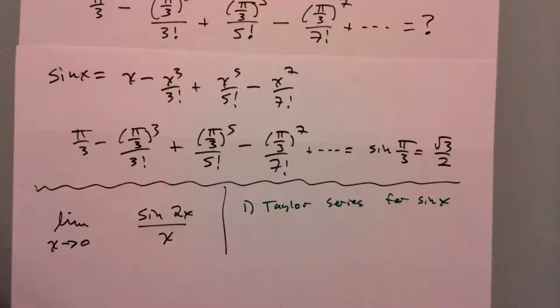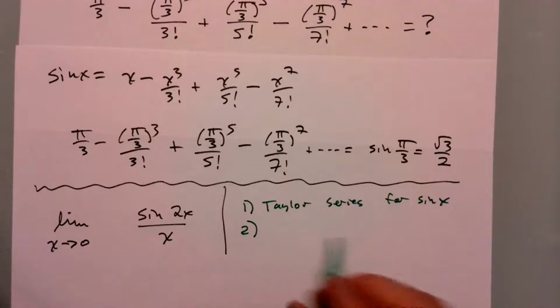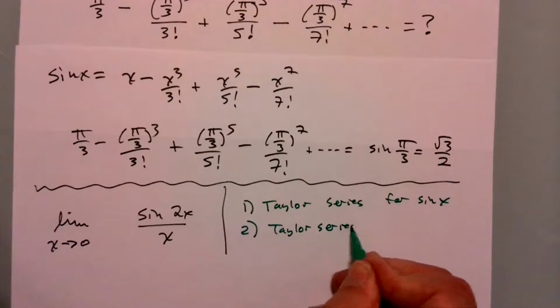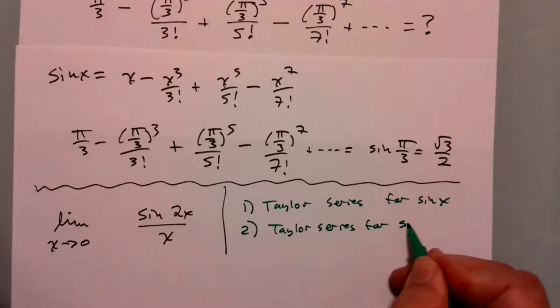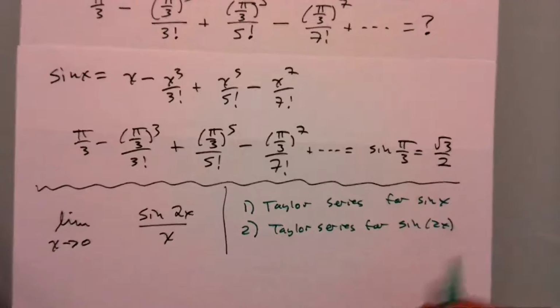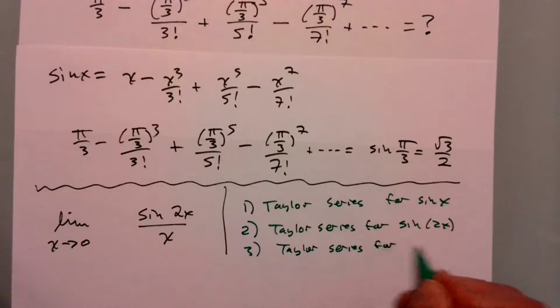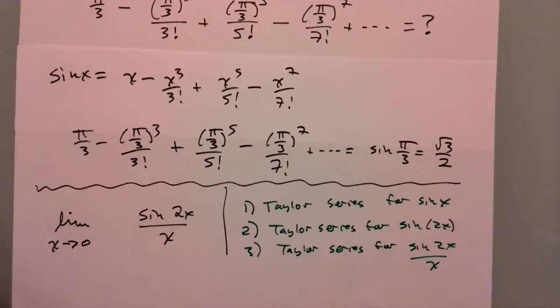That's the first step in the process. The second step is give me a Taylor series for sine 2x. Third step is give me a Taylor series for sine 2x over x. Okay, I'll give you a minute or two to work on that one, and then when you get an answer, please post it on the board, and we'll see where we are.